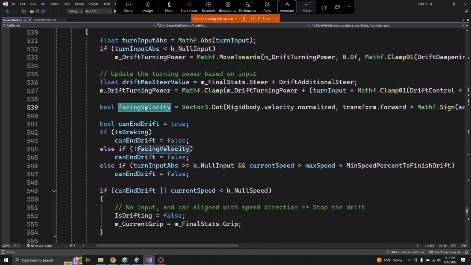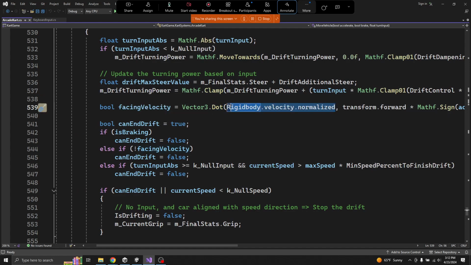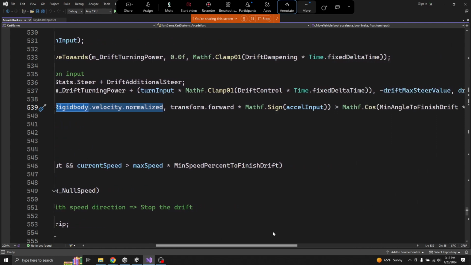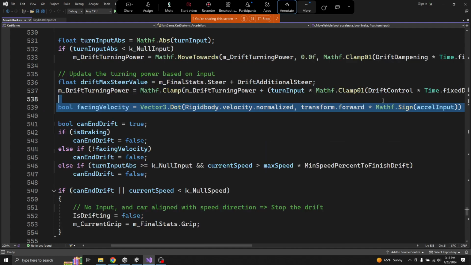Our facing velocity: dot wherever our velocity is currently facing and wherever our car is facing, multiplied by the accelerating direction. If we're accelerating, we use forward. If we're pressing reverse, we flip this to the back. And then check if this is greater than the cosine of that min angle, which might be something like 0.9.